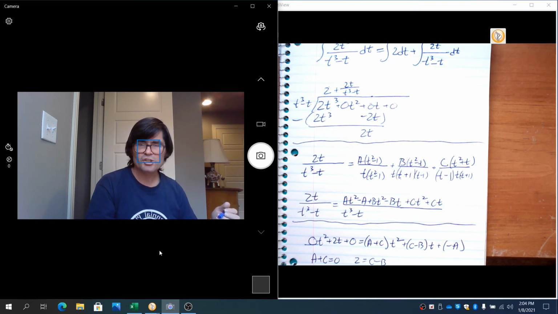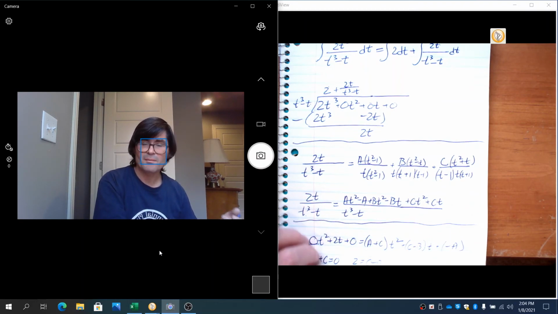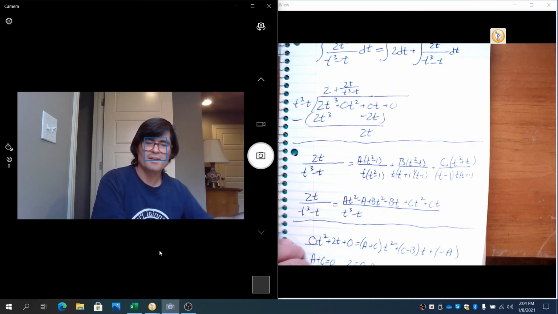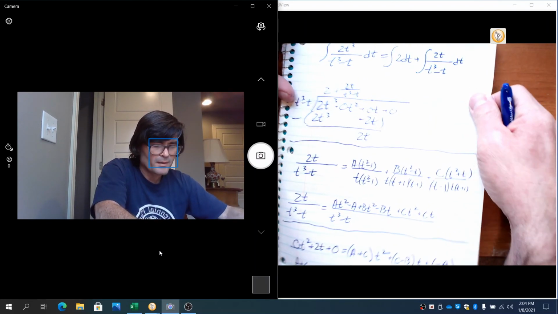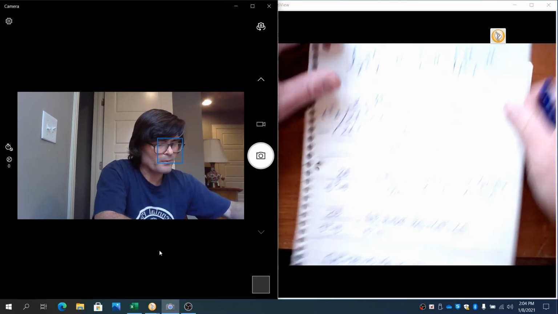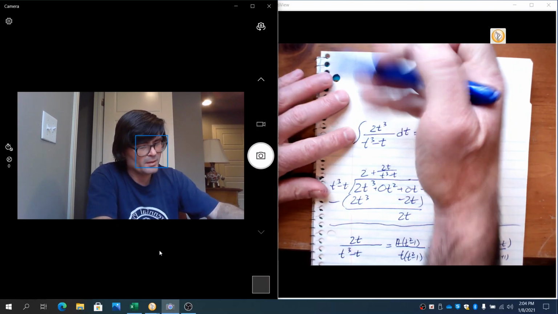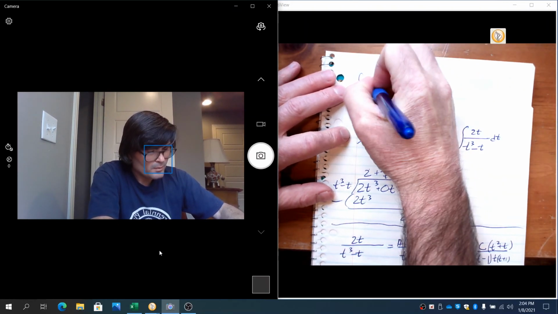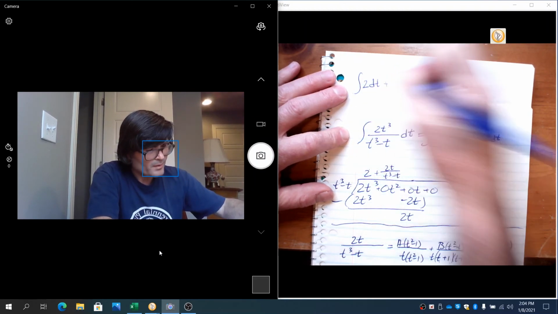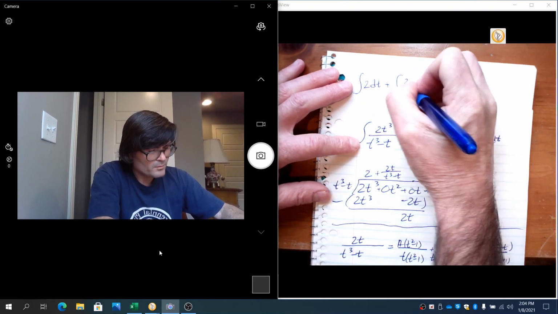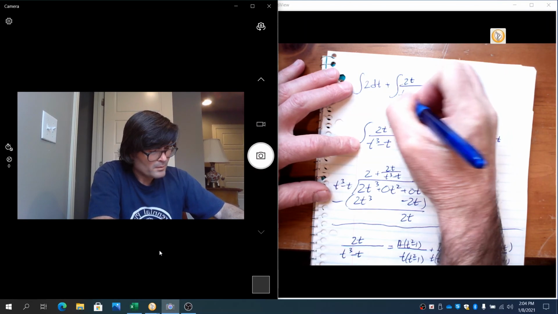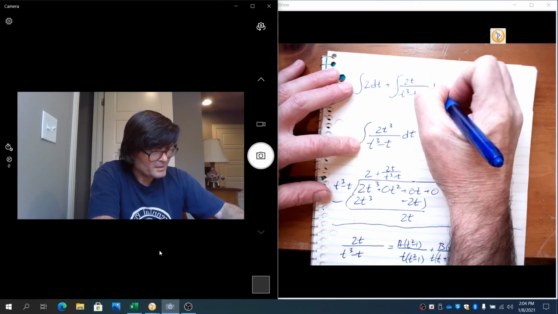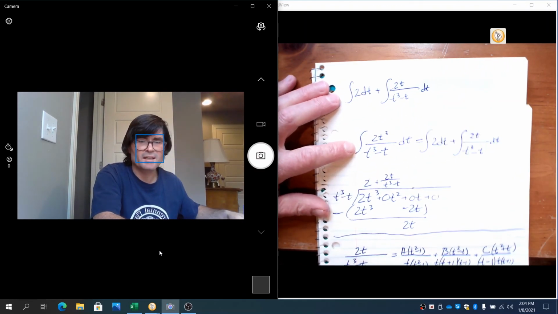And I want to just show you something kind of algebra-wise that would have maybe tipped you off to this ahead of time. So let me just show you a new piece of paper. I'm going to write out what we had a moment ago. 2 dt, and then we've got 2t over t cubed minus t dt. That's what we had just a second ago.